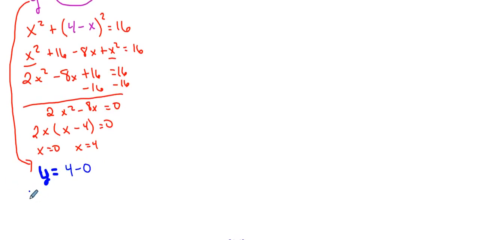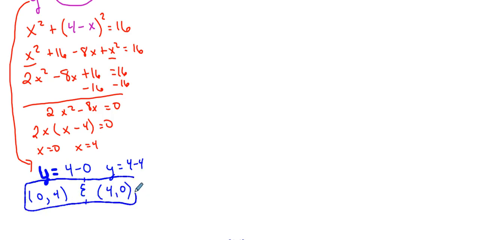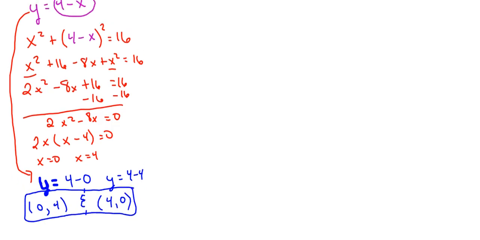In that case, I get the coordinate point 0, comma 4. And we can also say y equals 4 minus 4, and that would give me the second coordinate point of 4, comma 0. So there are two solutions to this system, and here are both solutions.